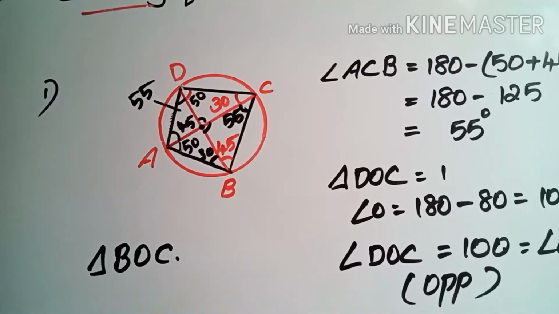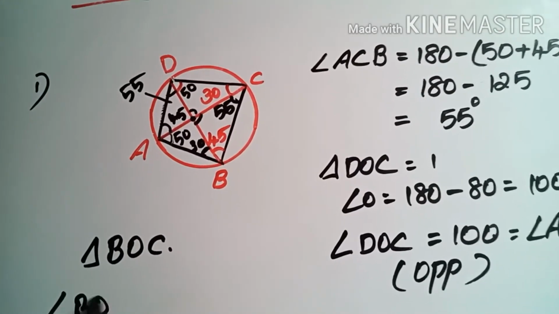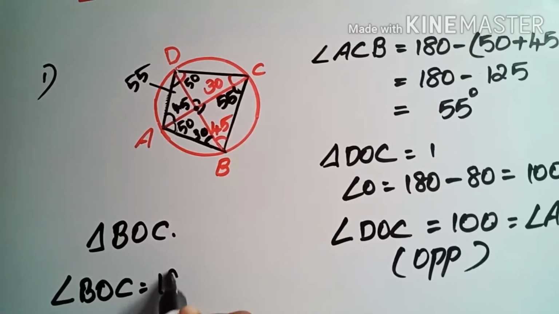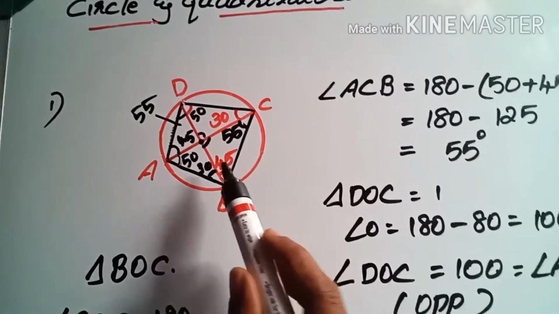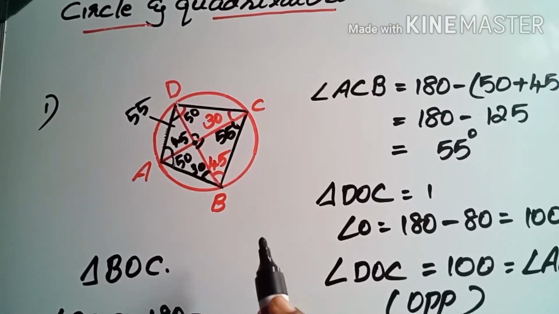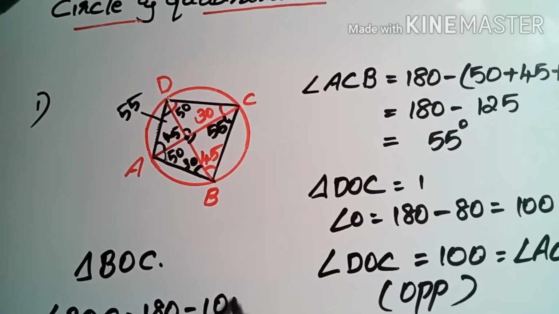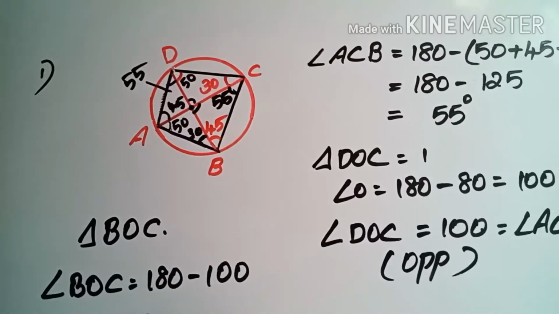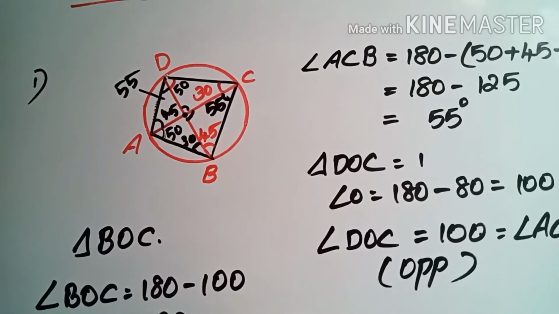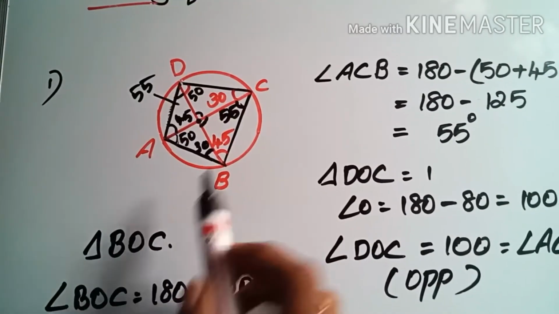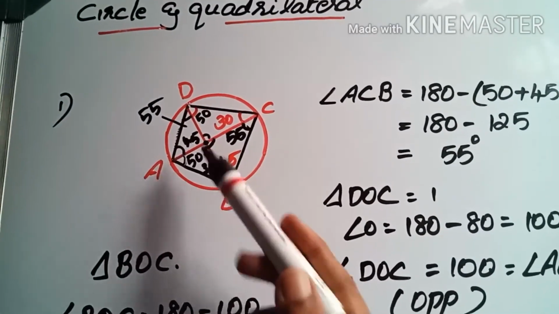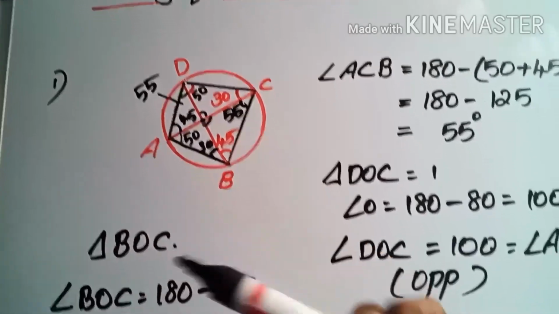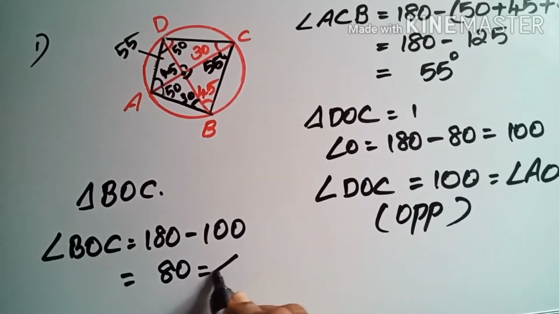In this triangle BOC, angle BOC will be 180 minus (45 plus 55). 45 plus 55 is 100, so 180 minus 100 equals 80. That means angle BOC is 80 degrees. If angle BOC is 80 degrees, then its opposite angle will also be 80 degrees.